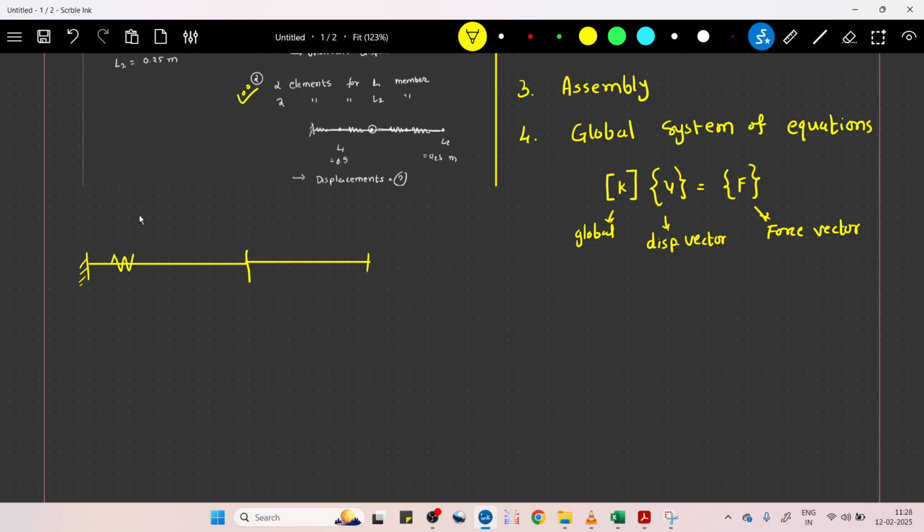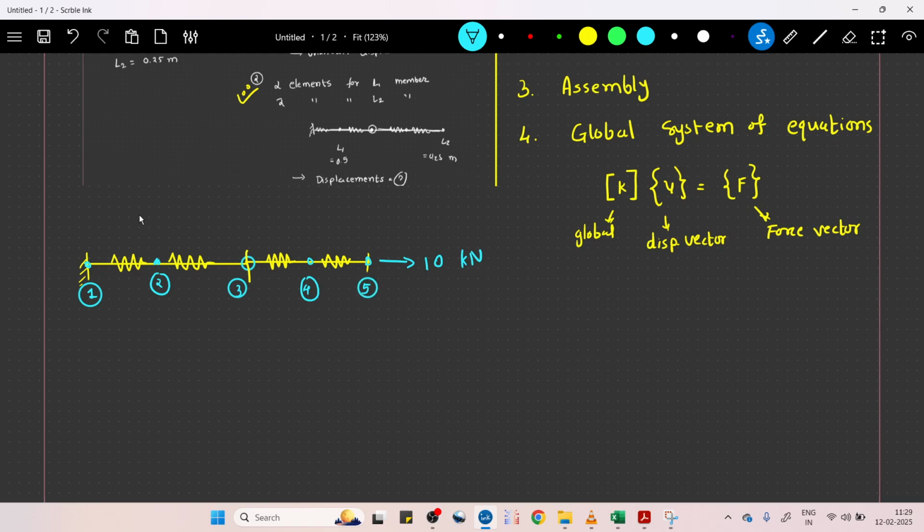We discretize each length into two finite elements, and we apply a force of 10 kilonewton here. I'll put a big dot here. Let's take this as node 1, node 2, node 3, node 4, and node 5.